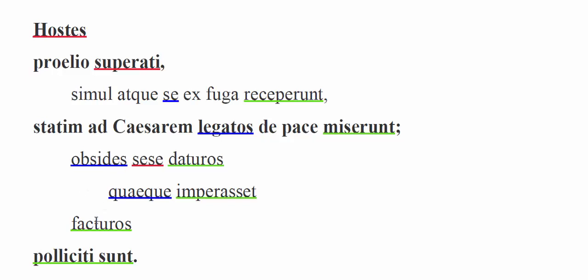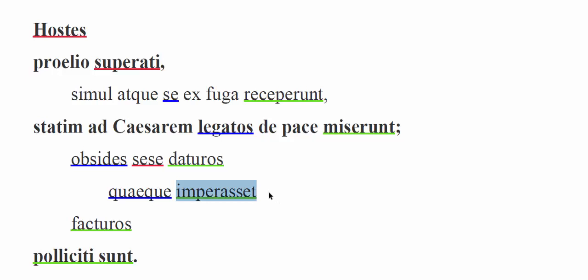So they promised. What did they promise? Hostages they were going to give, they promised, and whatever Caesar ordered. Now, please note, there's no indication that Caesar is the subject here, but of course we understand that from the context.